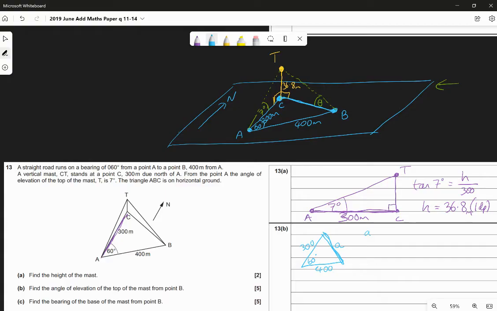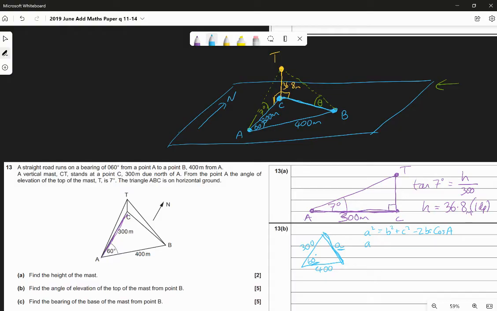So I know that a squared equals b squared plus c squared minus 2bc cos A. So if I'm calling it a, then this angle 60 is capital A because it's opposite it. So that a squared would equal 300 squared plus 400 squared minus 2 lots of 300 times 400 times cos of 60.